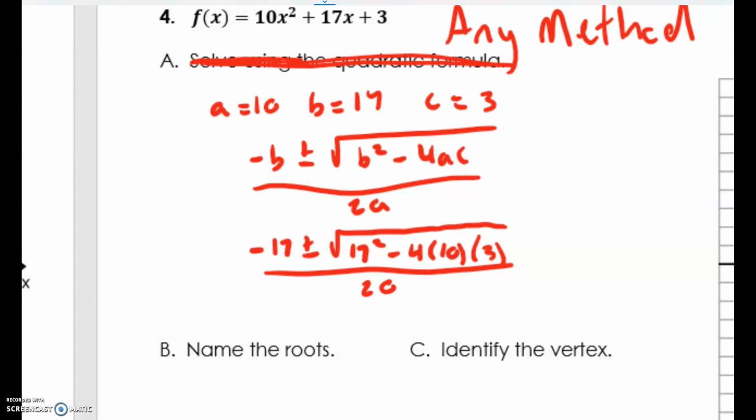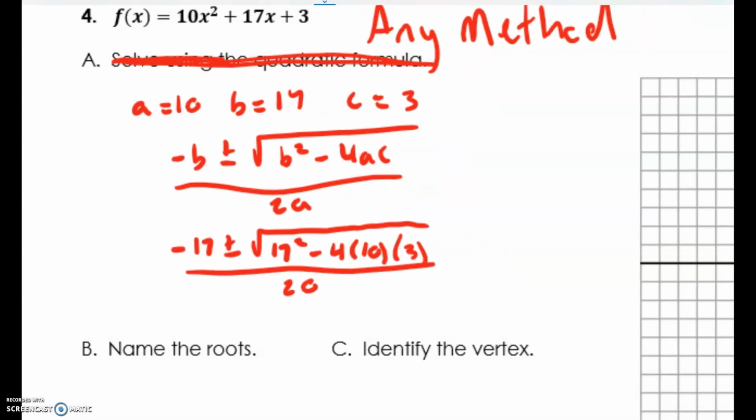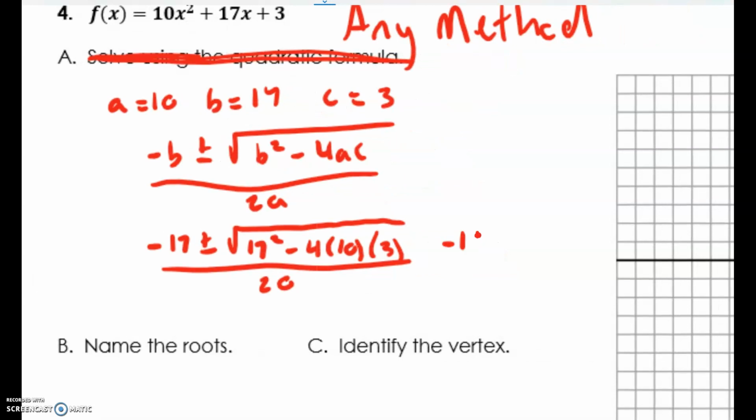I'm going to go ahead and insert what's underneath the square root: 17 squared minus 4 times 10 times 3. I'm getting 169. Square root of 169 is 13. So this simplifies to negative 17 plus or minus 13 all over 20.